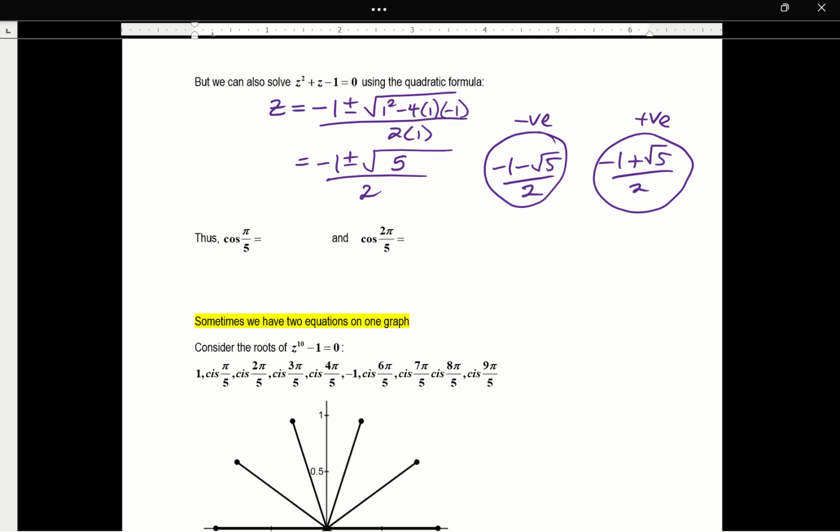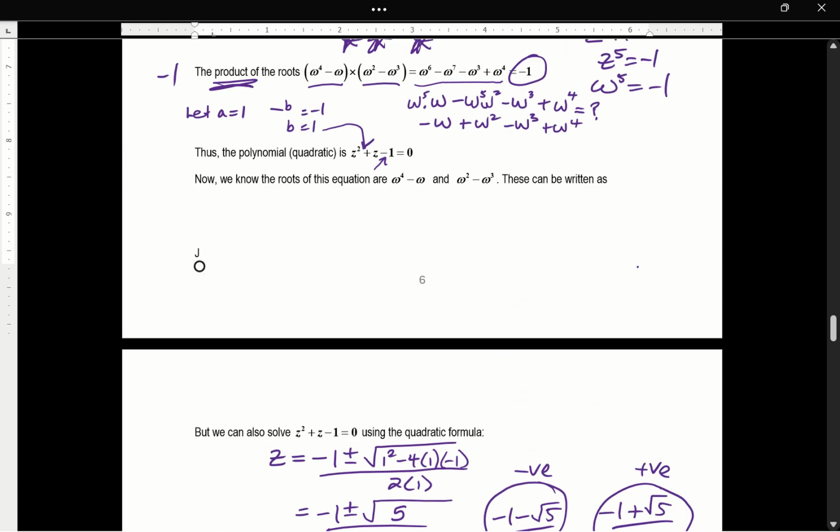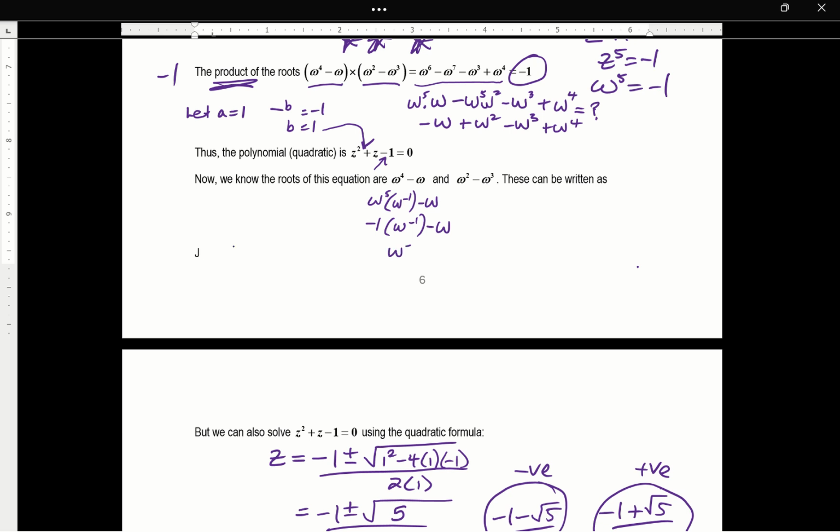Okay. Now, did you know that the value of w^4 minus w is the same as w^5 w minus 1 minus w, which is minus 1 times w minus 1 minus w, right? Which is w minus 1 plus w. So you've got a pair of conjugates, w minus 1 and w.